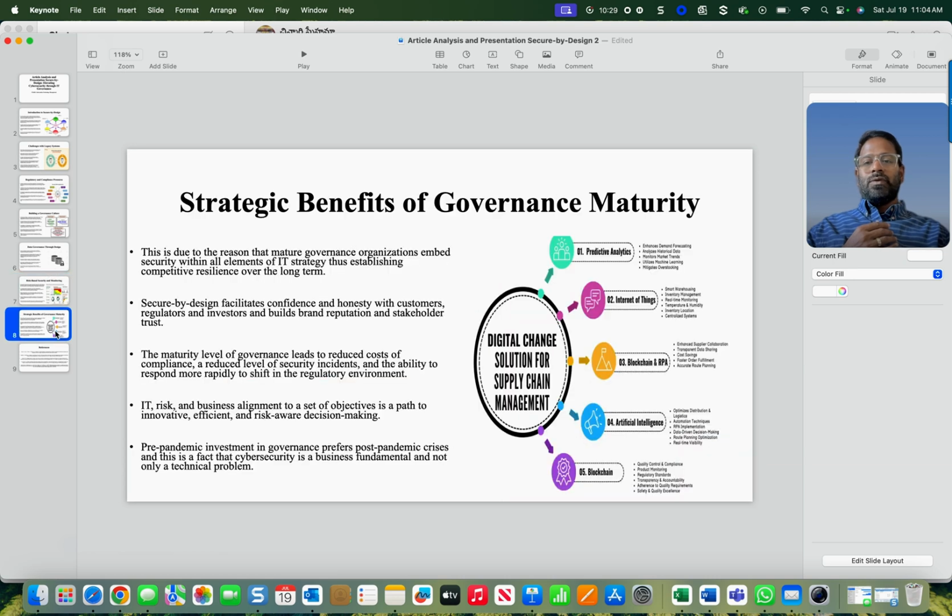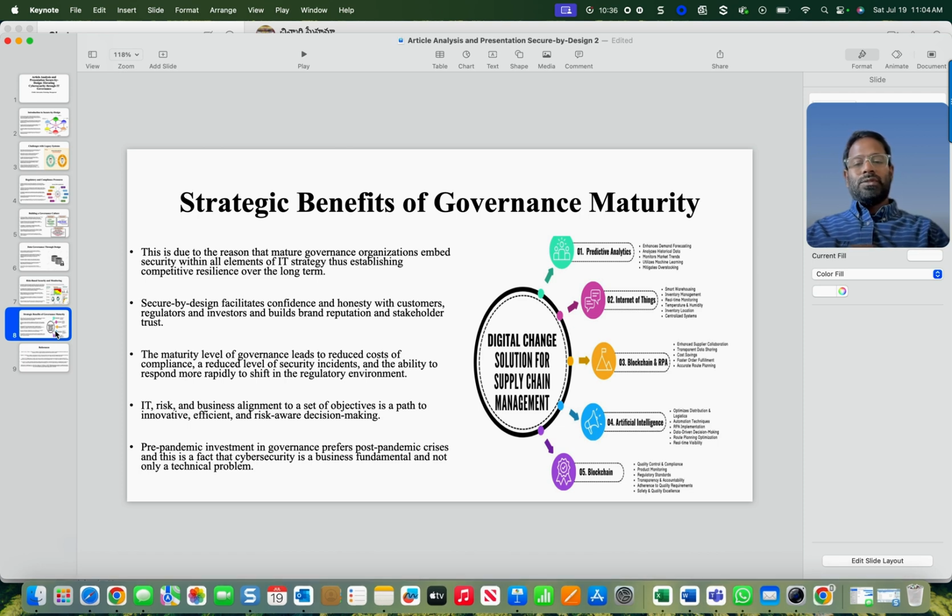Moving forward, strategic benefits of governance maturity. Governance maturity brings strategic benefits like stronger security, streamlined compliance, and improved decision making. It builds trust with stakeholders, reduces operational risk, and enables scalability, resilient growth, and alignment with business goals.